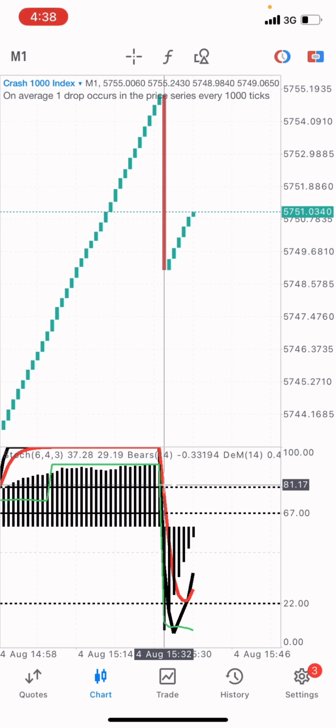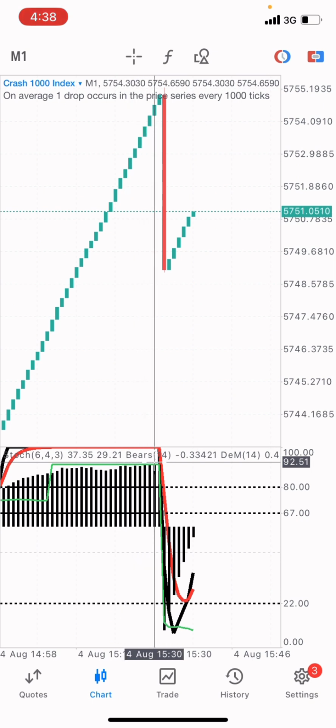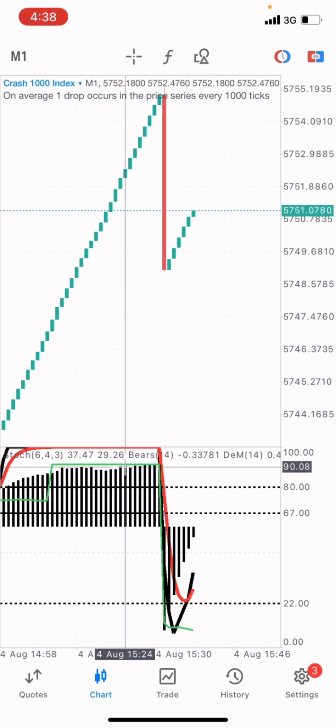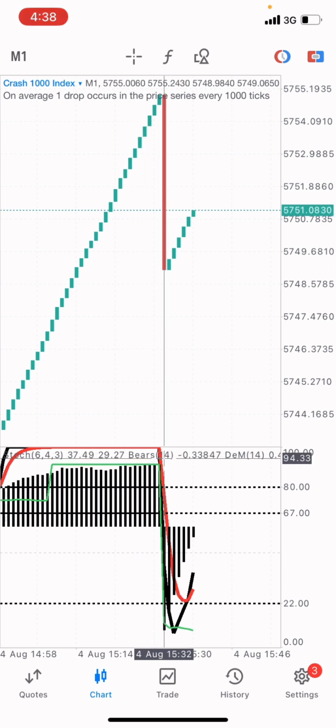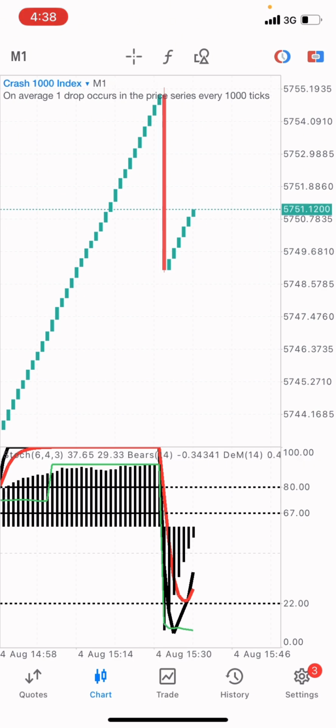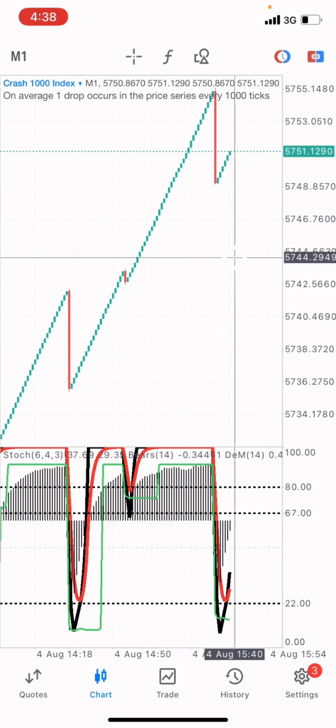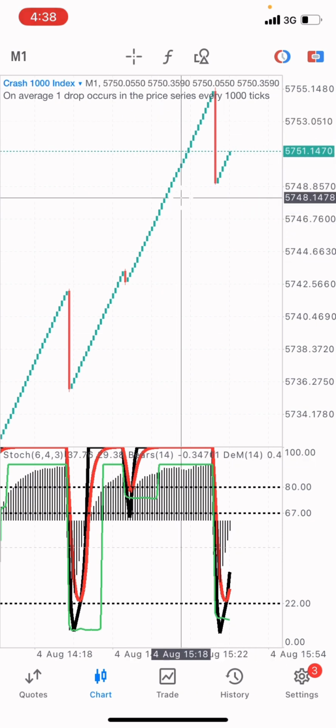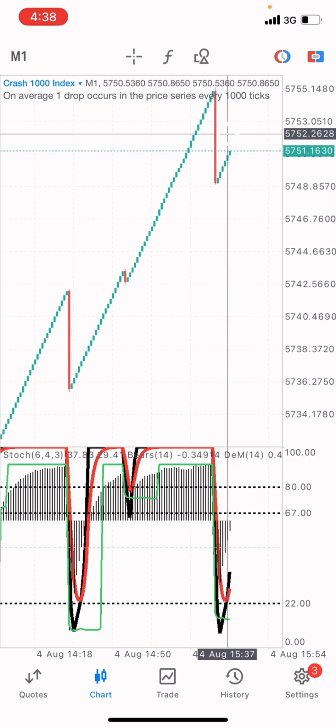This is live trading, you can see. And here is the green line. You can see that after it touches this green line, whenever it touches it, you exit the market, because what's coming next is a drop in price movement. And we're also seeing another drop in price movement because the market is at the overbought position.